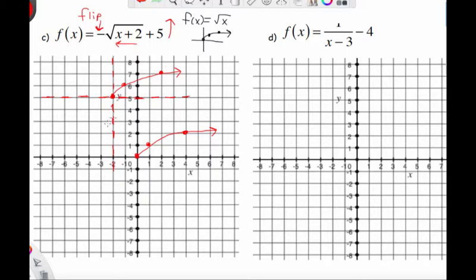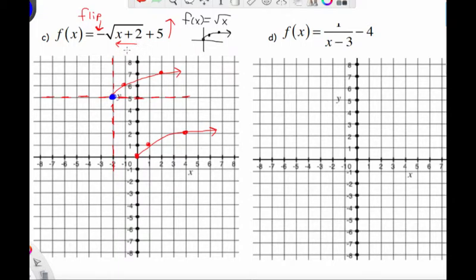But I do have to remember that we are reflecting over the x-axis, and whatever our y value is, it's going to be opposite. So normally my y value, when I go over 1, I go up 1. I now have to go over 1, down 1. Okay, so here's our new origin. This is the official final graph.